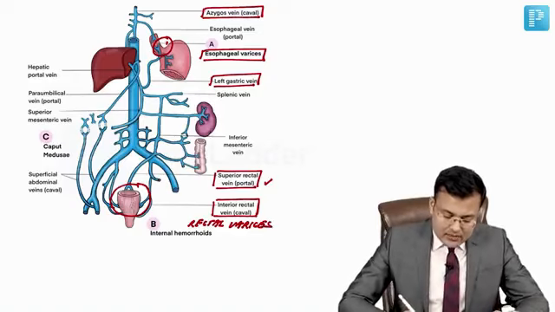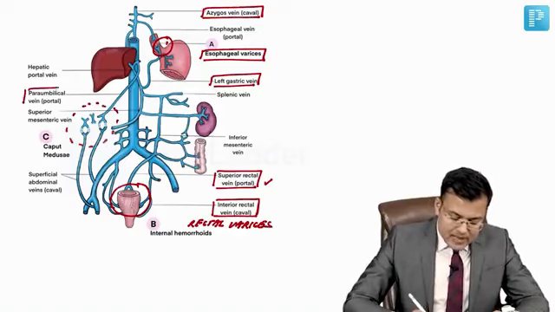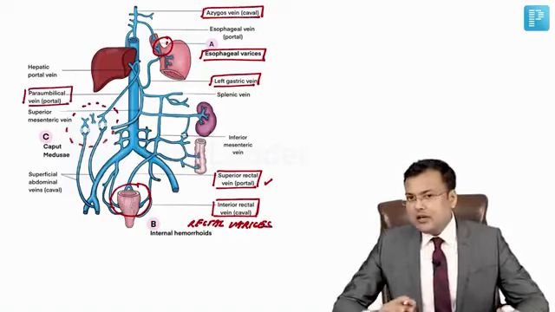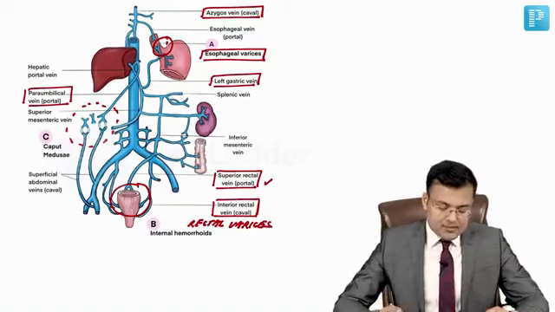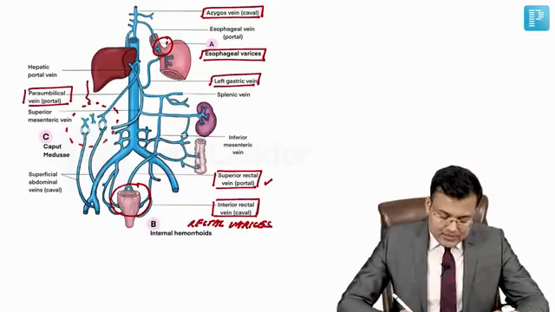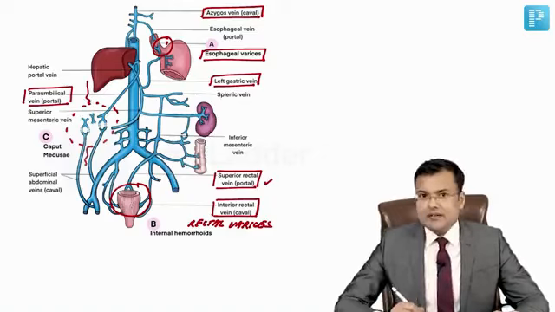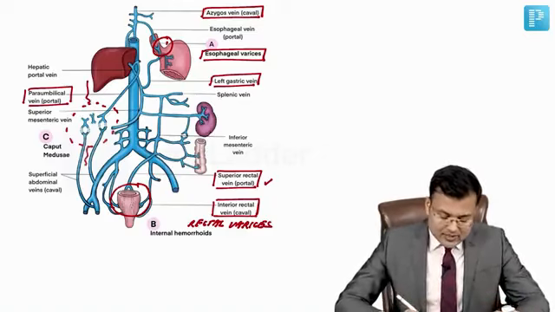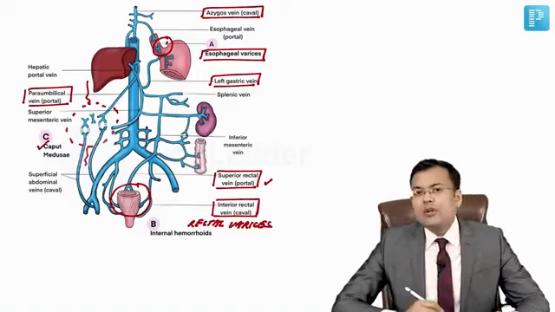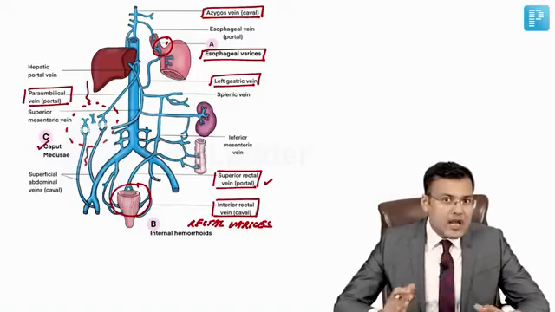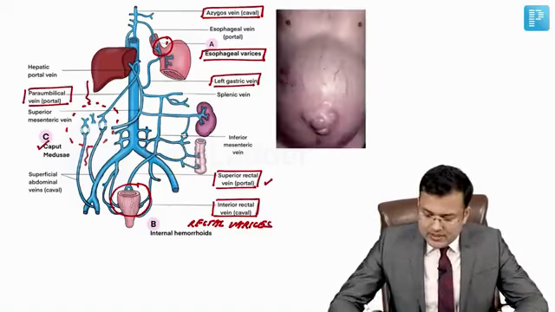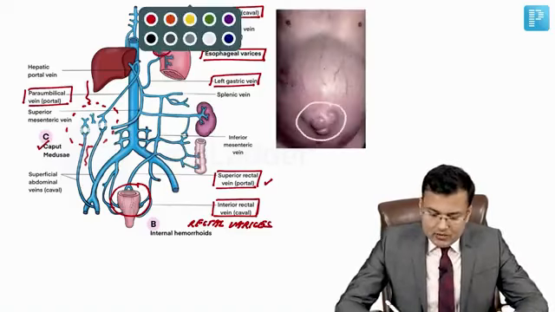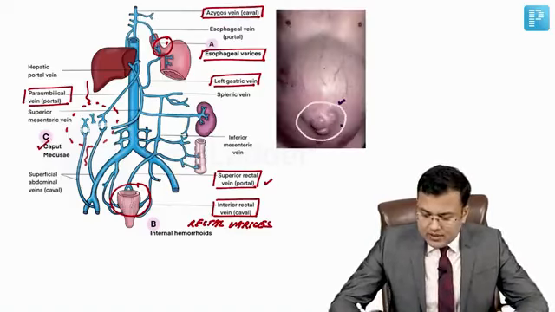Third, this is the umbilicus, and here you can see the paraumbilical vein, obviously a tributary of the portal system, and there are superior epigastric and inferior epigastric veins. So here there is formation of venous collaterals, and what is the name? It is caput medusae. How does caput medusae look? Here you can see the umbilicus. Around the umbilicus you can find the dilated venous collaterals.